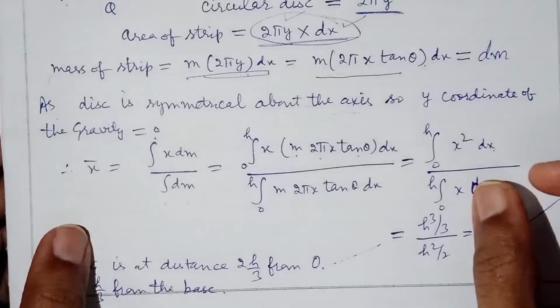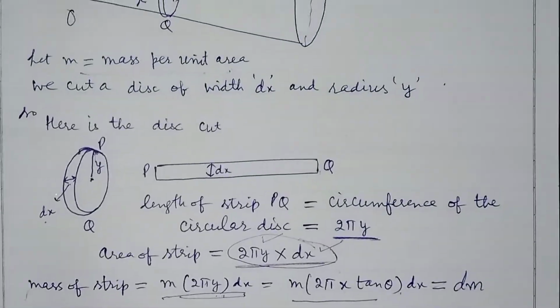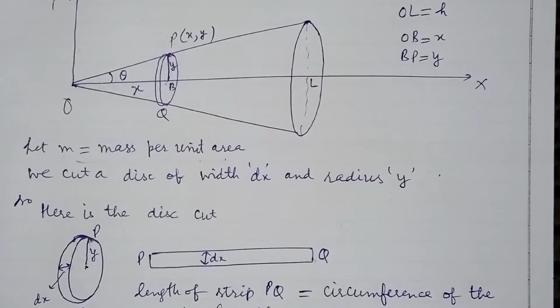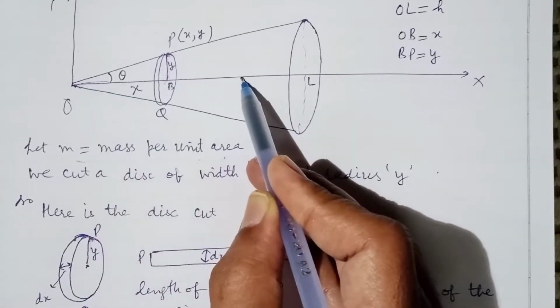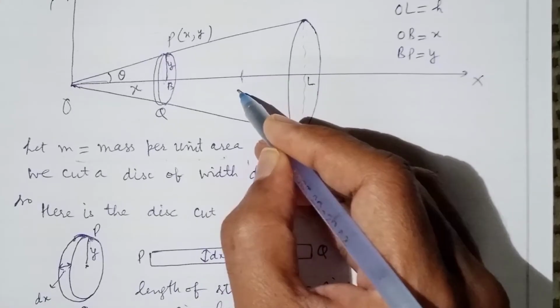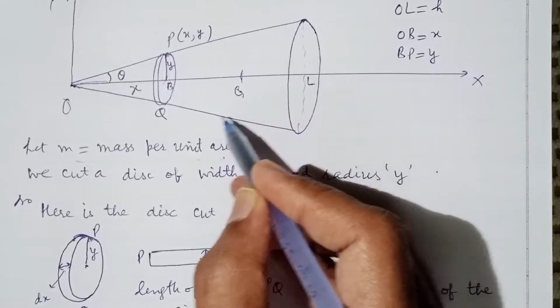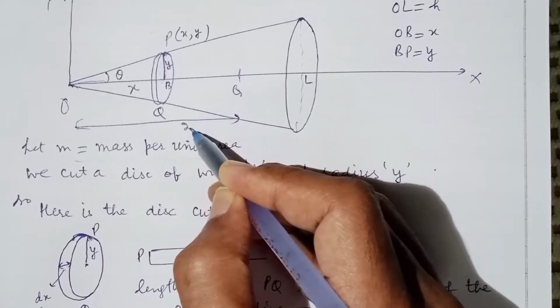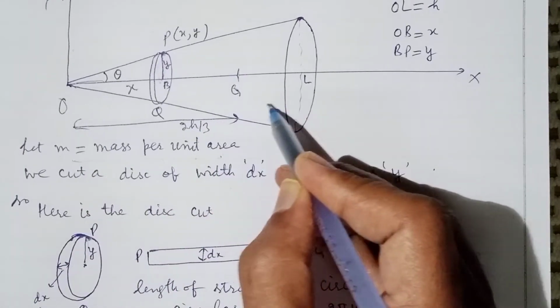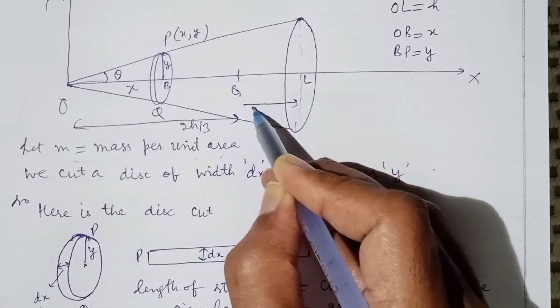अब देखिए वर्टेक्स से सी एट द डायग्राम, लुक एट द डायग्राम. वर्टेक्स से डिस्टेंस कहां पर आ गया? सपोज दिस इज द पॉइंट G and O to G, this distance is 2h by 3. So what will be the distance from the base?